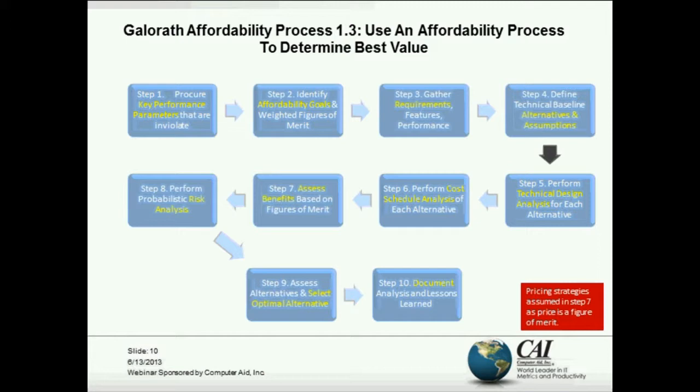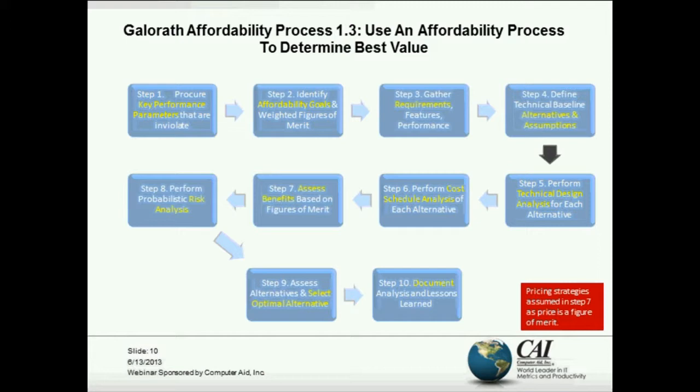The 8th step deals with looking at risk, actually applying the uncertainty to the analysis. When we're talking about affordability and investment, there's oftentimes quite a bit of uncertainty, the unknowns, and you want to be able to capture that as a part of it. Step 9 is to assess the alternatives and basically pick the right one, and step 9 should fall out of all the other previous steps.